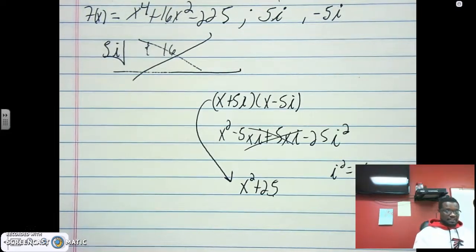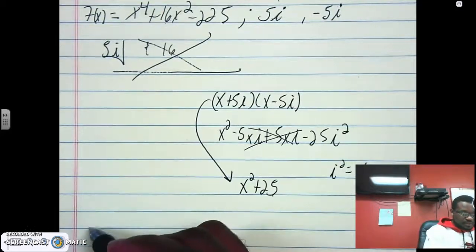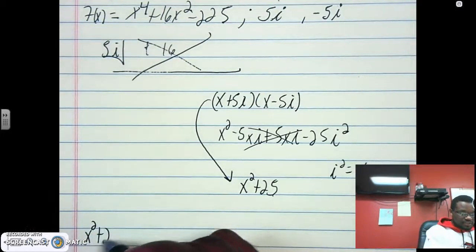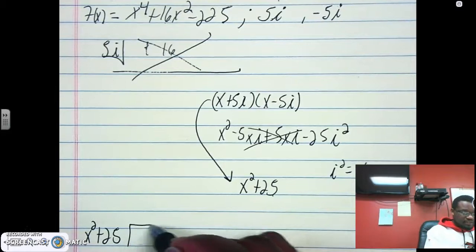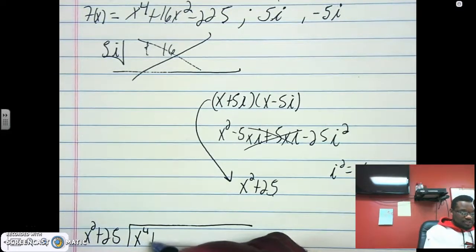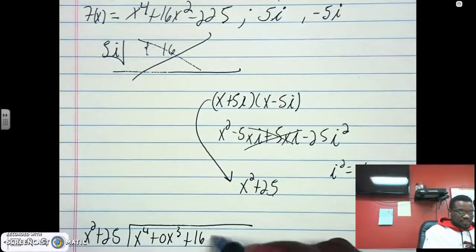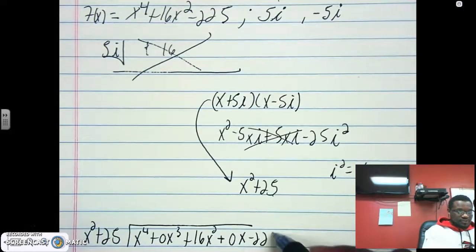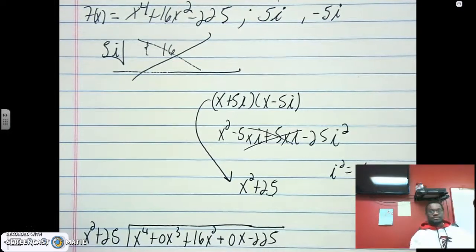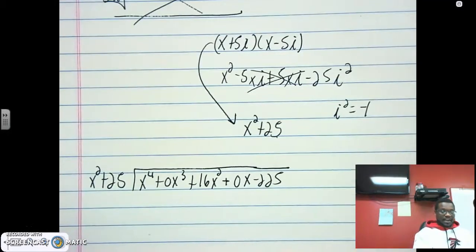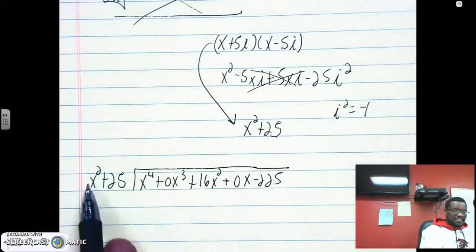So let me actually tell you what we're going to do. We're going to take x squared plus 25, and we're going to divide it into x to the fourth plus 0x cubed plus 16x squared plus 0x minus 225. Say what, Mr. Freeman? Well, we found this, and now we're going to divide that into this. Why?